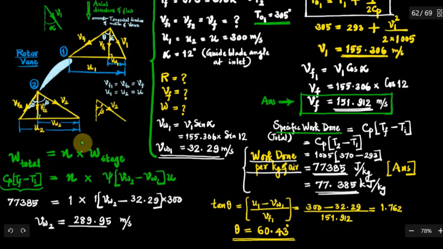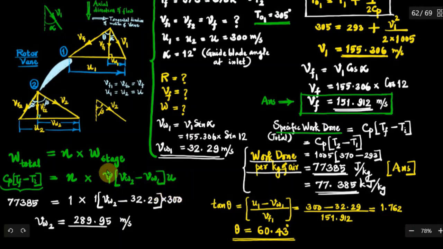Work done in a stage, as we discussed before, is Euler work done, VW2 minus VW1 into U, multiplied by work factor. VW2 minus VW1 into U is the theoretical or ideal work done per unit mass of air in one stage.